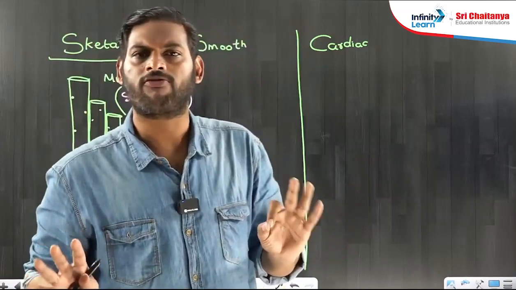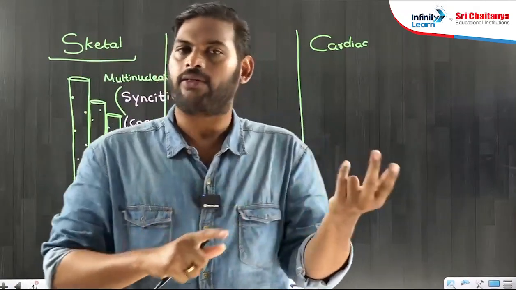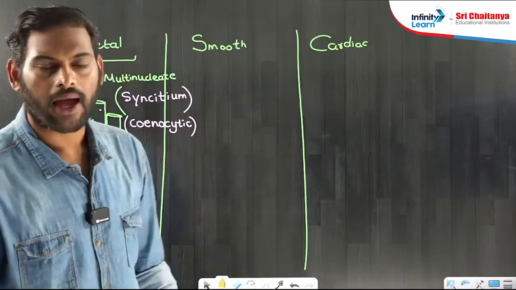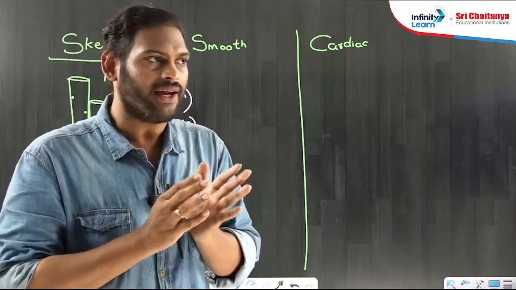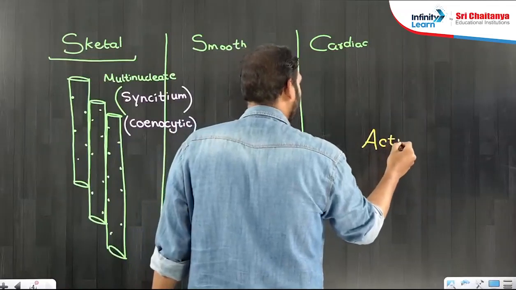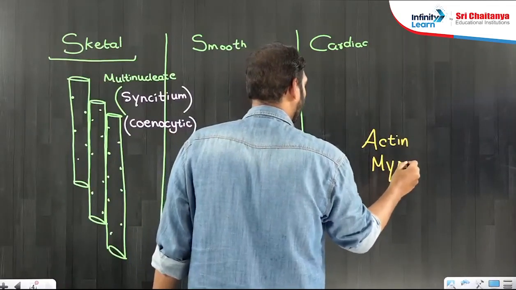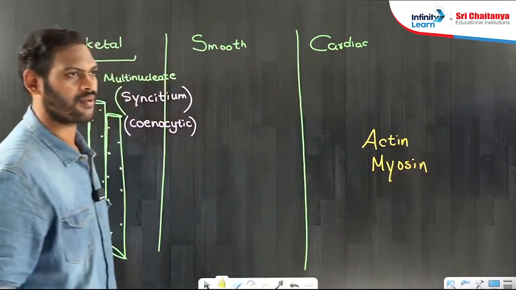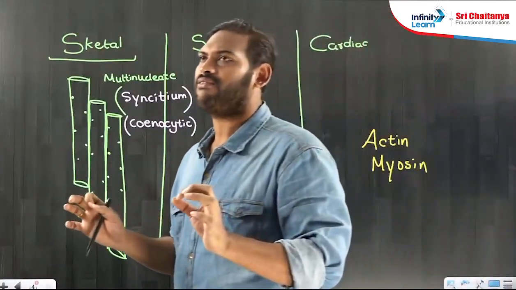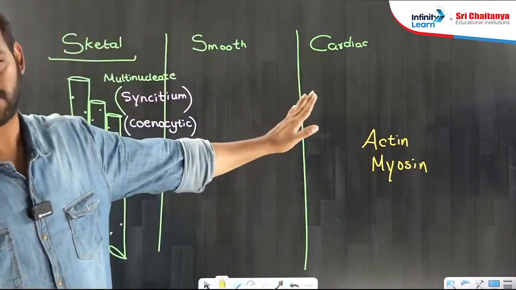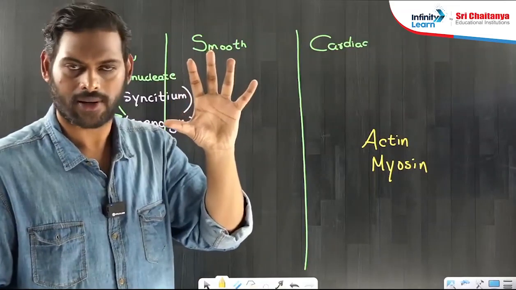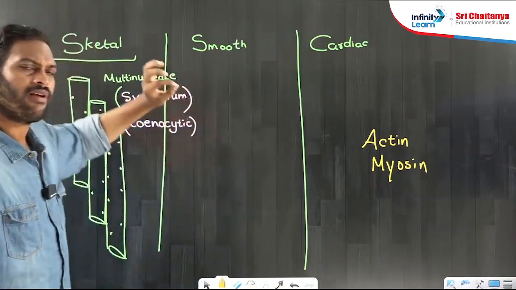Every muscle cell is able to perform contraction and relaxation because of these proteins, actin and myosin.